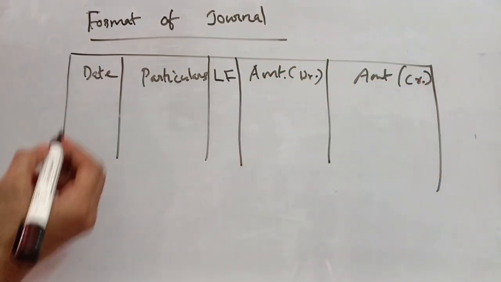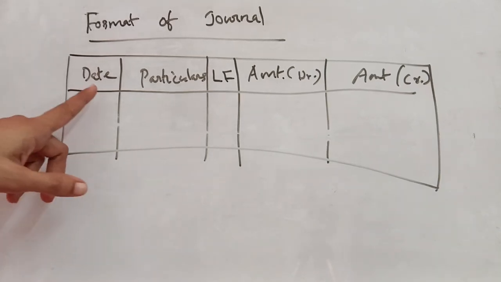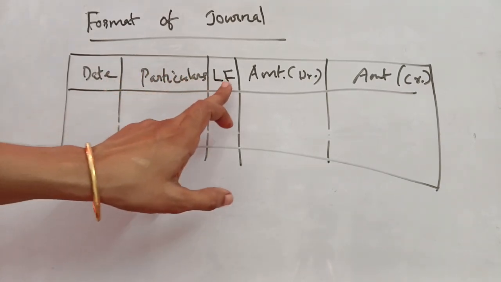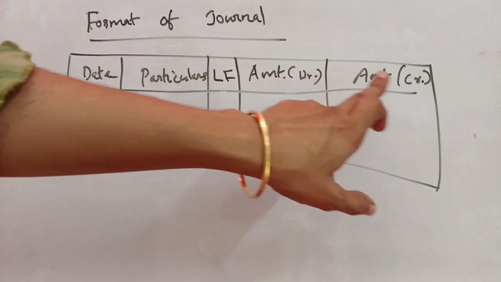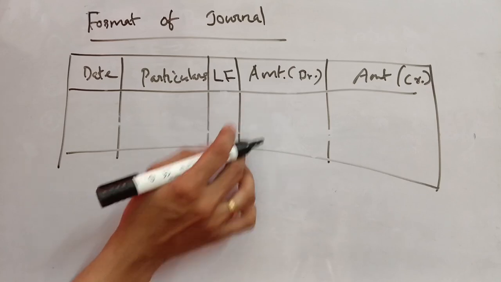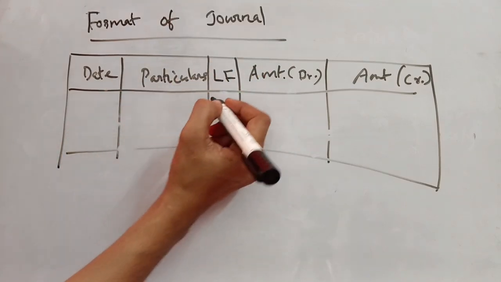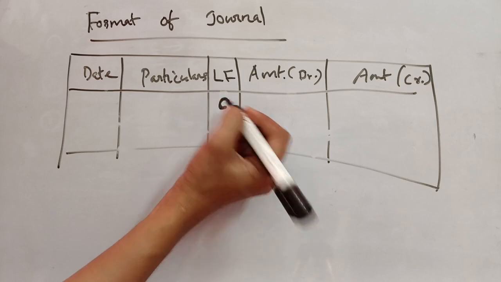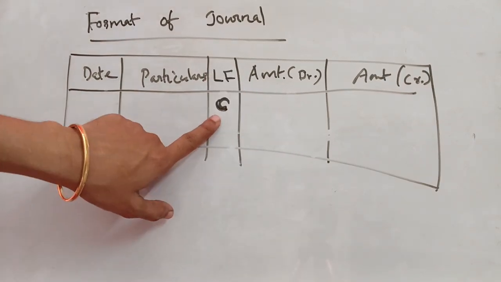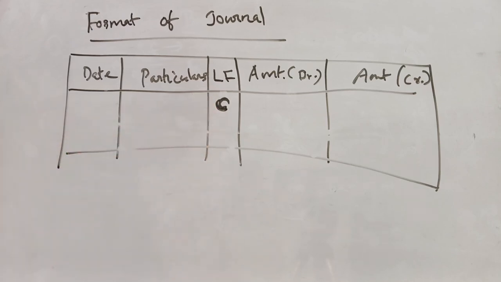This is the format of a journal book. Here, as I already told, if a transaction involves contra entries, we mark C for contra in the ledger folio column. That should be noted here.